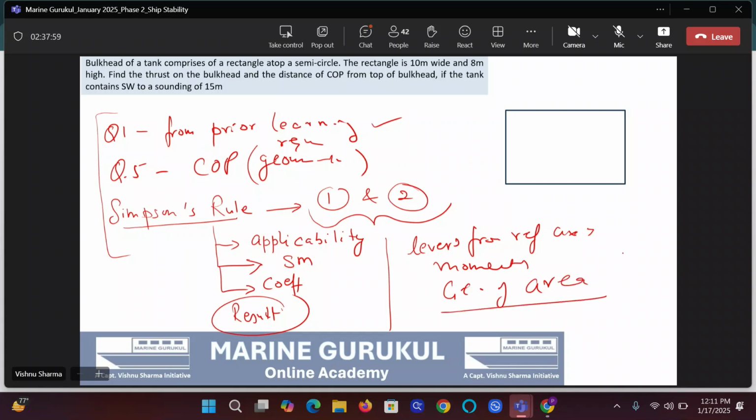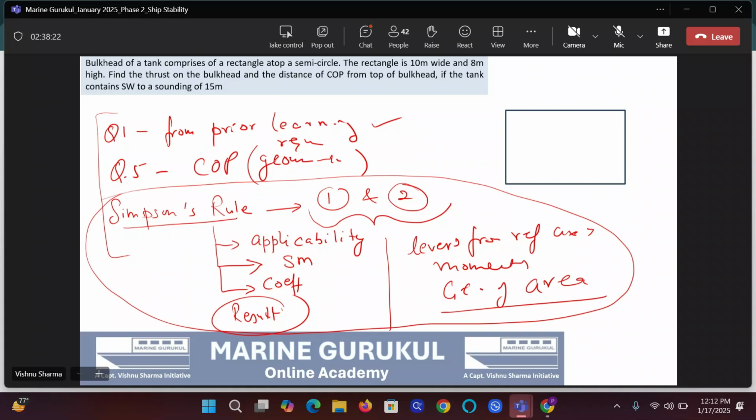Have you understood the scope of revision for Simpson's rule, guys, which you need to run through? This will help you in better understanding tomorrow. All this that I've given you may have filled up my page, but believe me, this will not take more than an hour, hour and a half, the entire thing that we are talking about on this sheet.